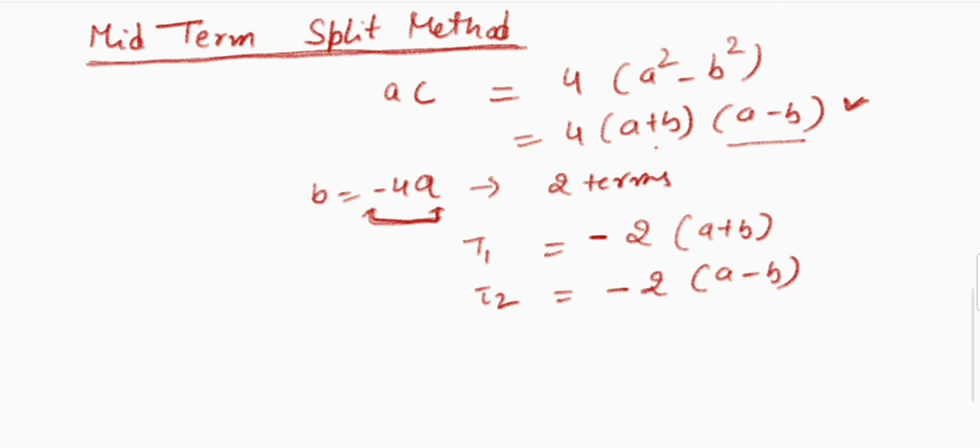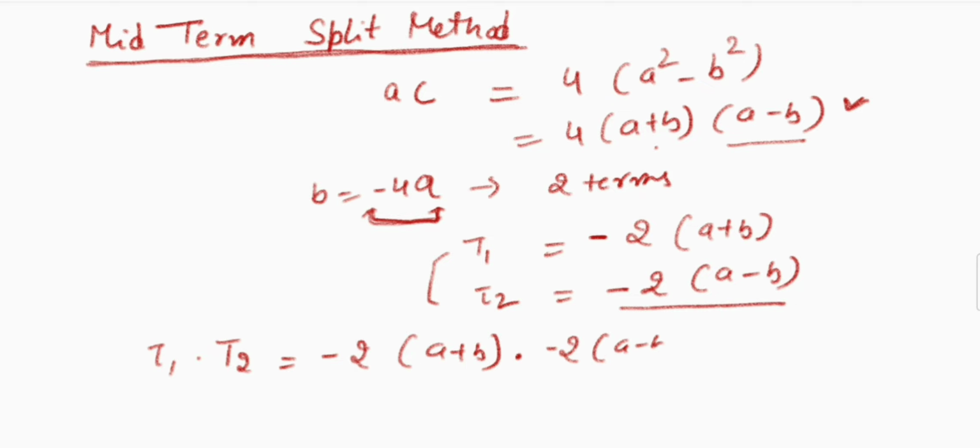Then what will happen? If we multiply this t1 and t2, let's see what we'll get. t1 multiplied with t2 is equal to −2(a + b) multiplied with −2(a − b).